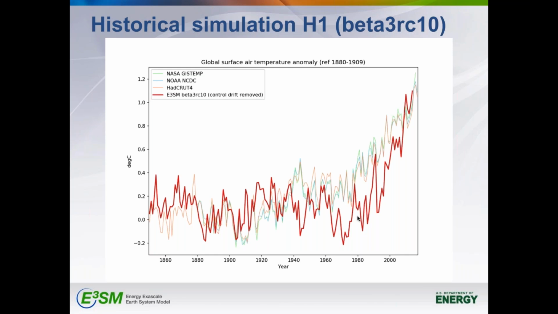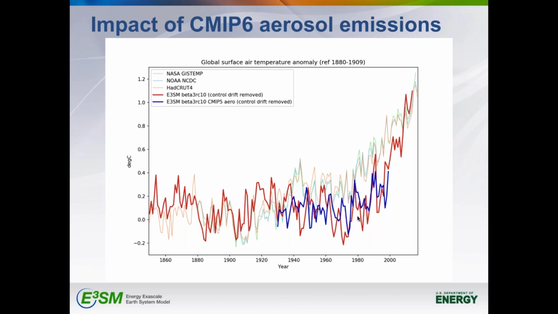We did do one test where we switched the aerosol emissions, only the aerosol emissions, back to what we were using before. So this is similar to CMIP5 aerosols. And that's the blue line here. We started that simulation in 1930, and because of the emission stop around the year 2000, we only ran a sub-period of the historical.